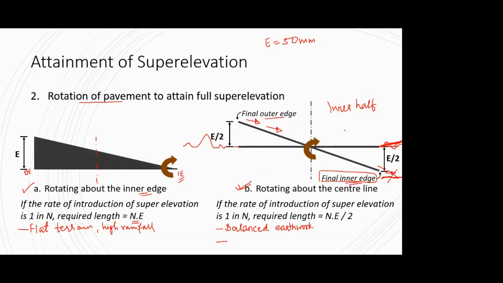In many sections near Pashan, as well as near the Chandani Chowk area, only one lane amongst the 3 lanes, the inner one, is logged with water, and the other 2 lanes on the outer side don't have any water accumulation. That is the problem, because the superelevation has been provided using this method of rotating about the center line. So that's the disadvantage, that you have a drainage issue on the inner half of your pavement.